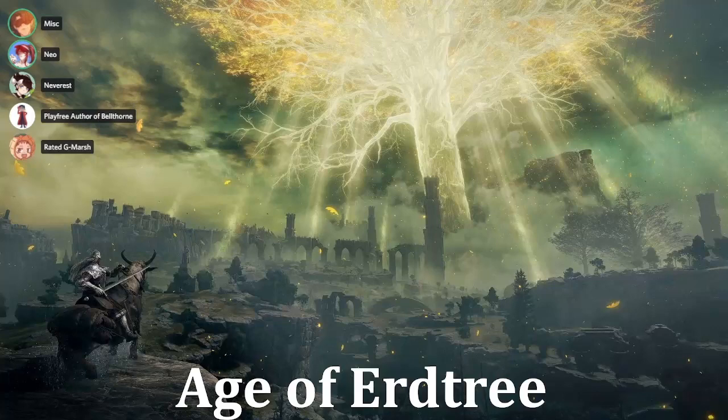Now, the Age of the Erdtree was not something that was fully established. The absolute rule of Marika's kingdom and the Erdtree was not fully asserted immediately, because there were various other forces within the Lands Between that were not really cool with that.